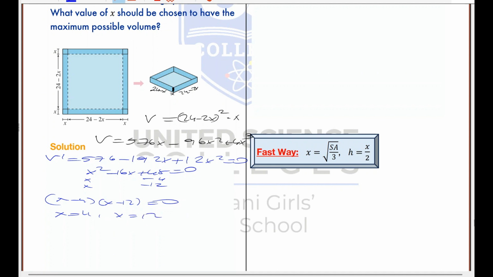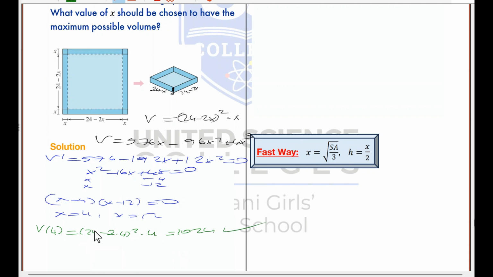We have two possible values. Are they both true? Do they both satisfy the equation? Let me see. If I choose 4 for x, what will happen to the volume? If x is 4, let's substitute 4 in the equation that I wrote. 24 minus 2 times 4, squared, times 4. That will give me, when you calculate this, 1024.